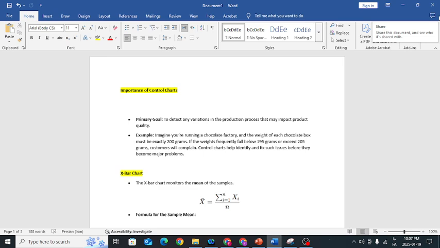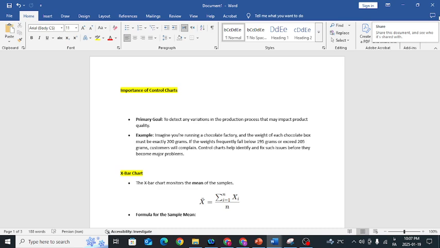Now we are transitioning from theory to practice by discussing two essential tools of statistical process control, SPC, which consists of the X bar chart and the R bar chart. These charts are used to monitor process stability and detect any variation that may signal problems.